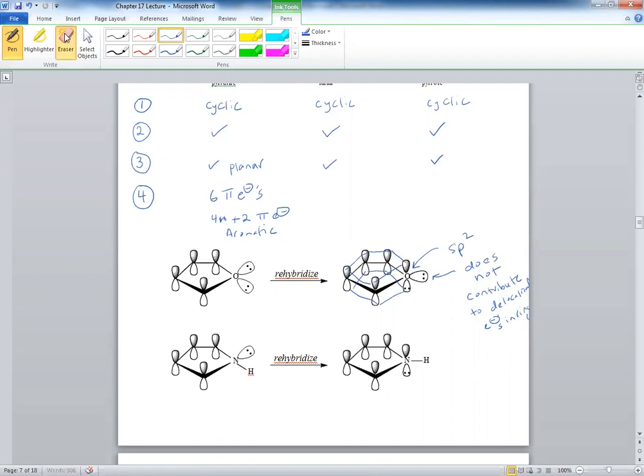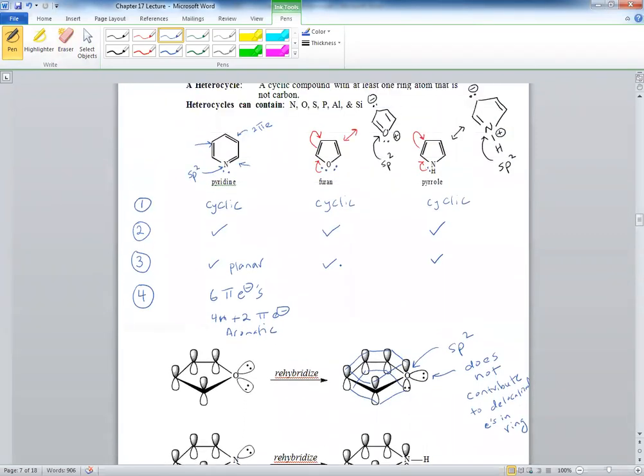So you only count one of these lone pairs. Therefore, we have only one.